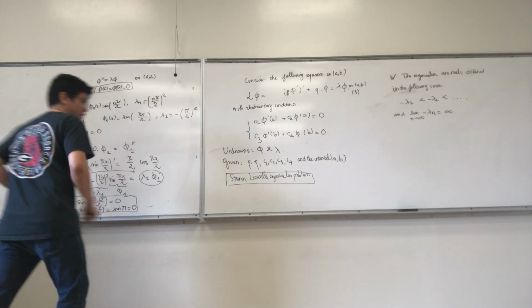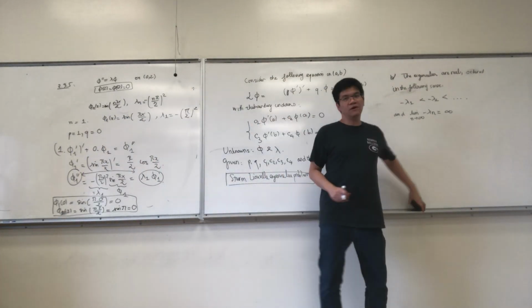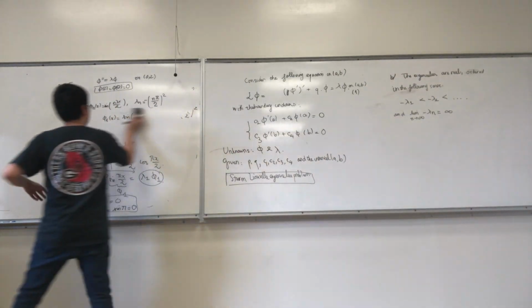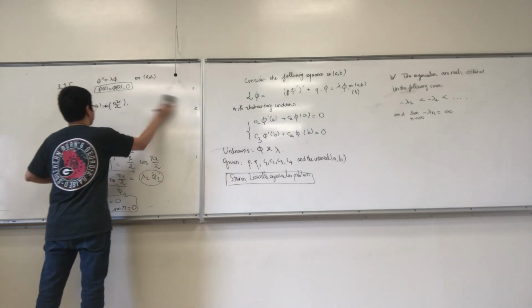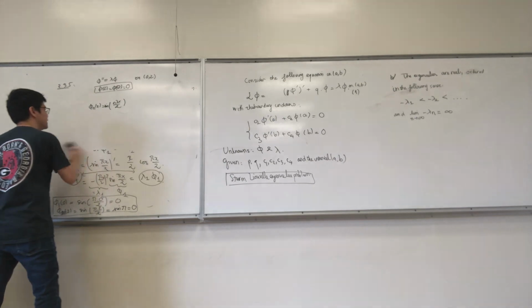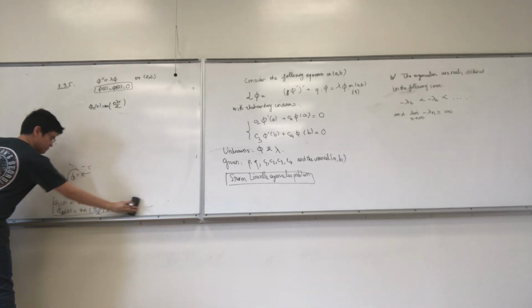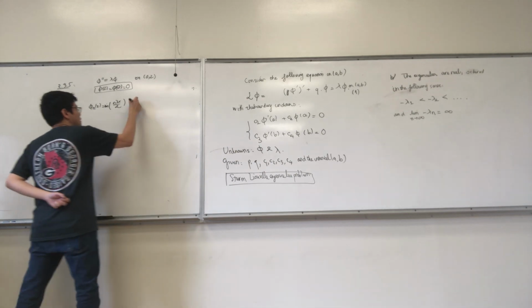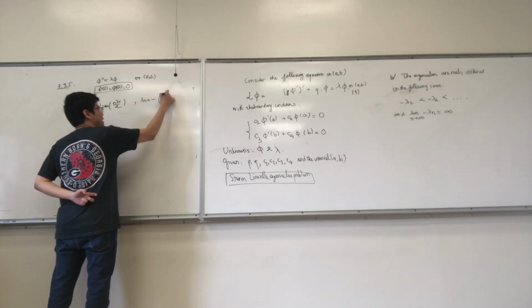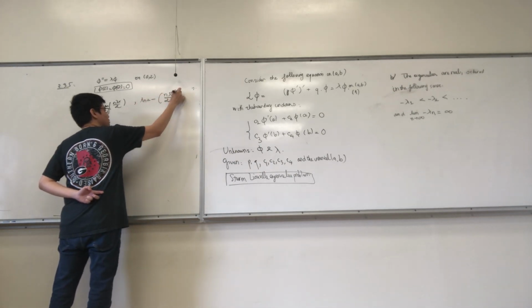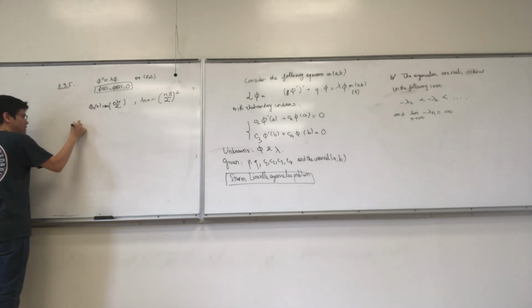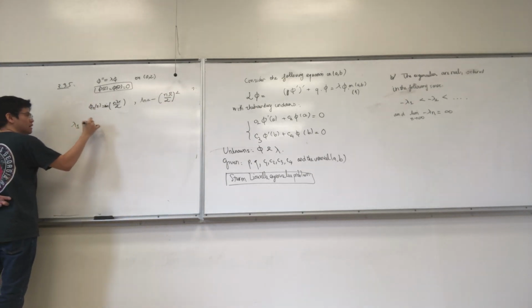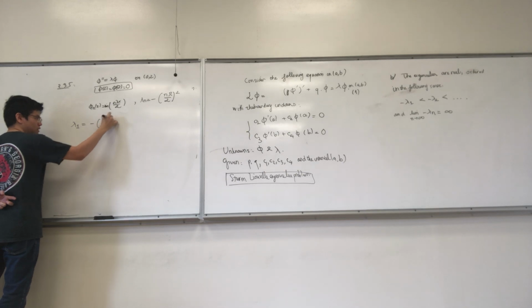Right, so in this special case, what you have is the following. Phi n is sine of n pi x over 2, and lambda n is minus (n pi over 2) squared, right? Lambda 1 will be minus (pi over 2) squared.